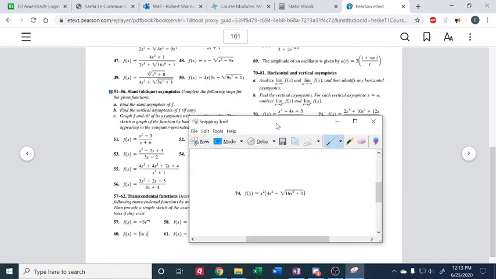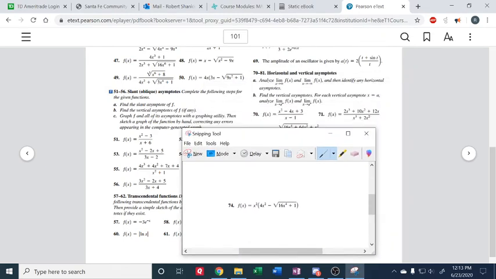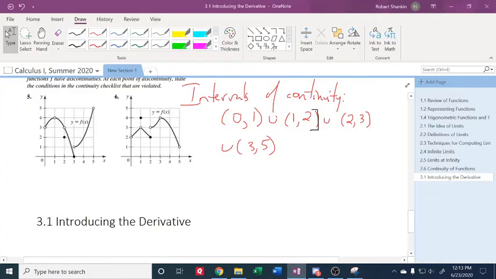Okay, and then it says to analyze the horizontal asymptotes, and then find the vertical asymptotes.